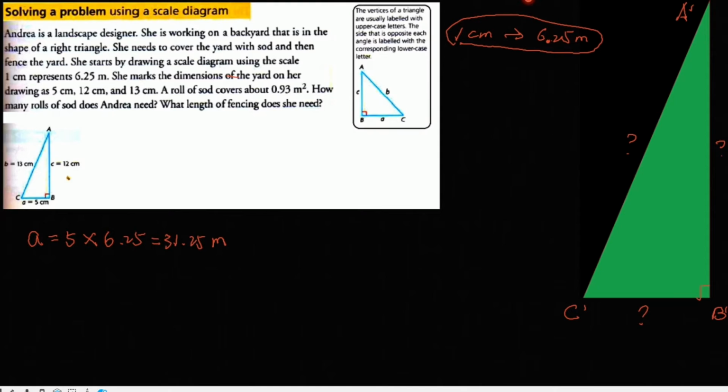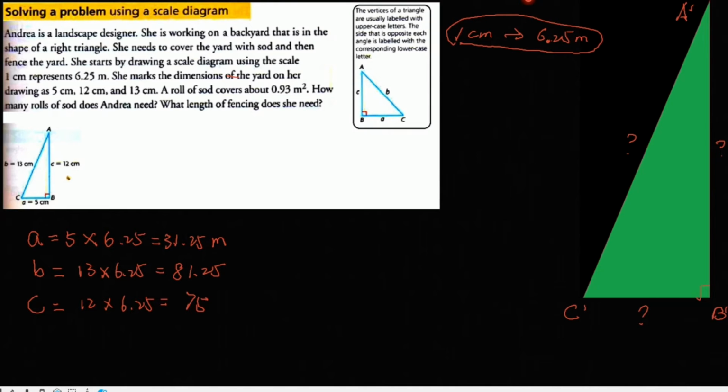That's A. Then we determine B. B is 13 centimeters, and 1 centimeter represents 6.25, so the answer is 81.25. That's B. For C, 12 times 6.25 equals 75.